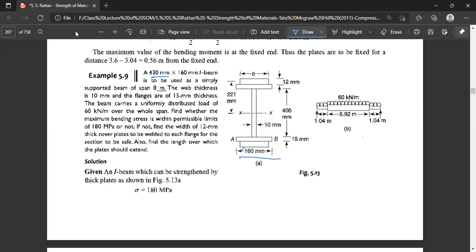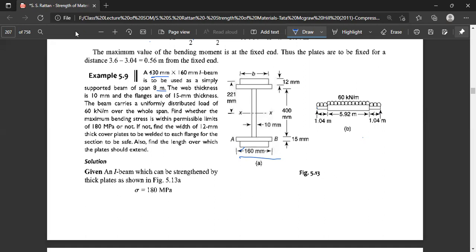This is an I-beam with the width of the flange given as 160 millimeter, and the depth given as 130 millimeter, meaning 400 from this flange to this flange.